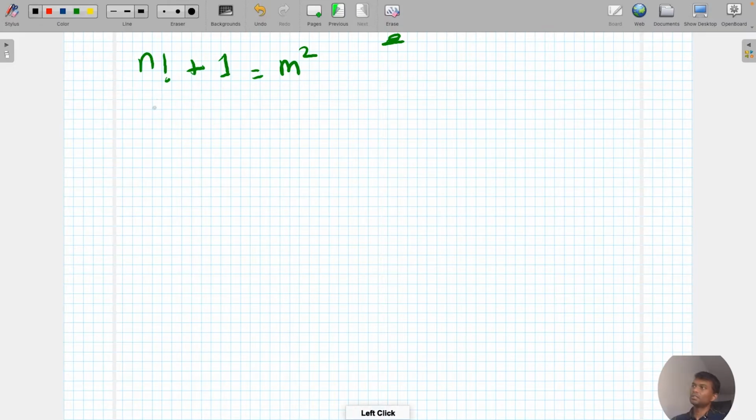Let's walk through each step by step. I'm going to create a table which splits this equation. Okay, so let's say we have n here, and we have n factorial, and we have the number 1, and we have n factorial plus 1, and then we have the m squared term.